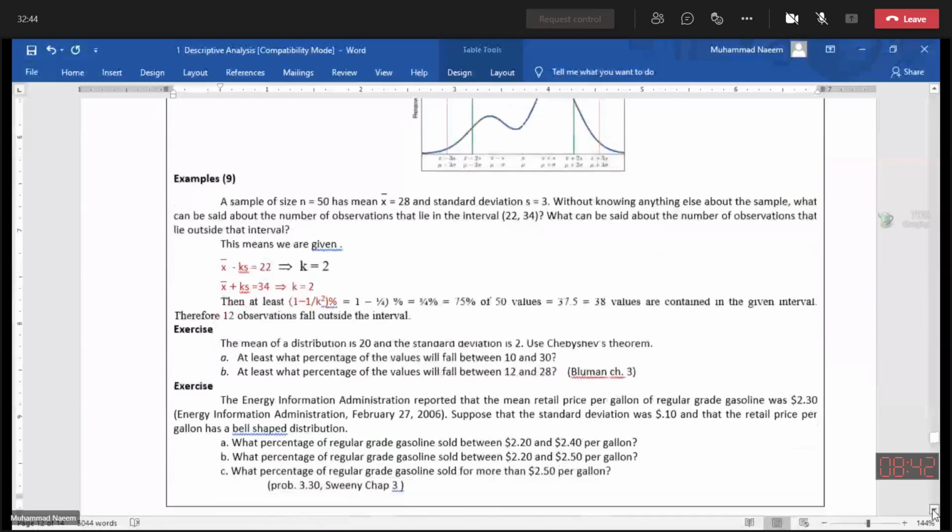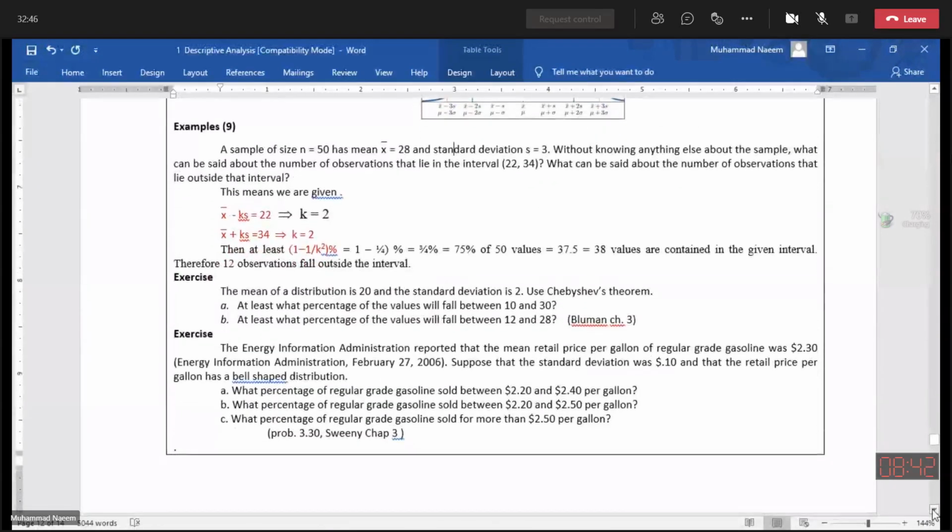We will face this situation, for example, in this problem: our sample size is 50 with mean 28 and standard deviation 3. So what percentage of the data will be contained in the interval from 22 to 34?